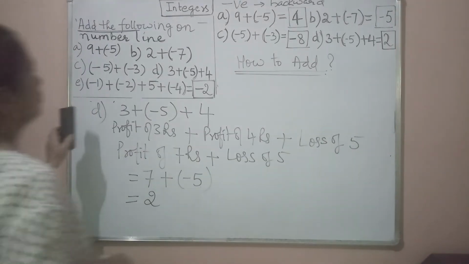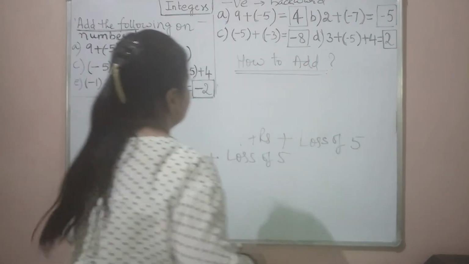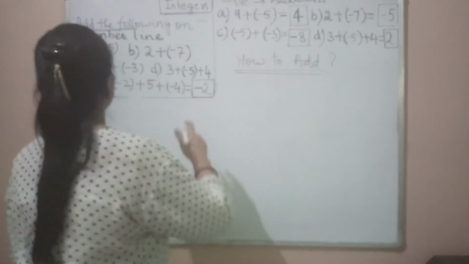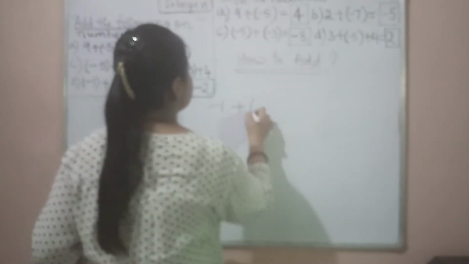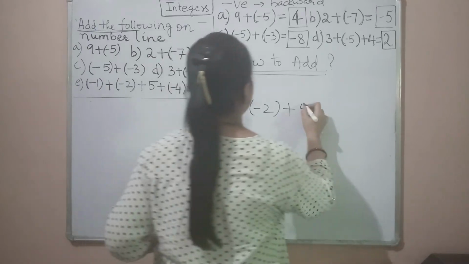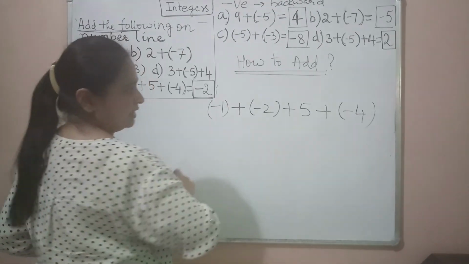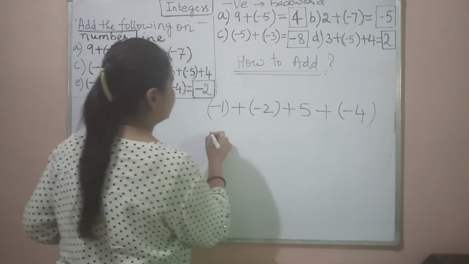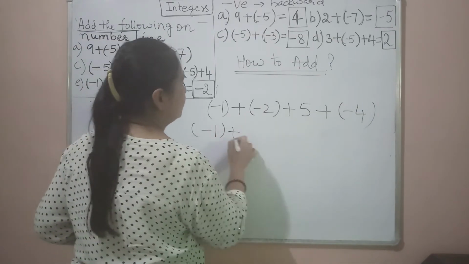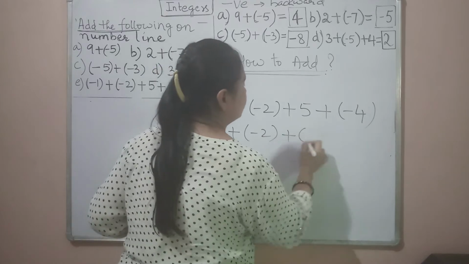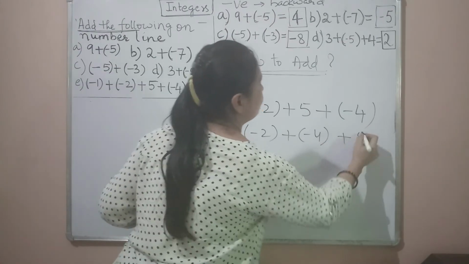Now let's come to the last question, that is E part. -1 plus -2 plus 5 plus -4. So what can we do? The associative property or commutative law says we can rearrange them. This is a loss, this is also a loss, and the last one is profit.